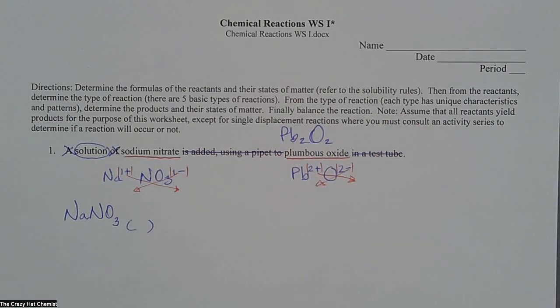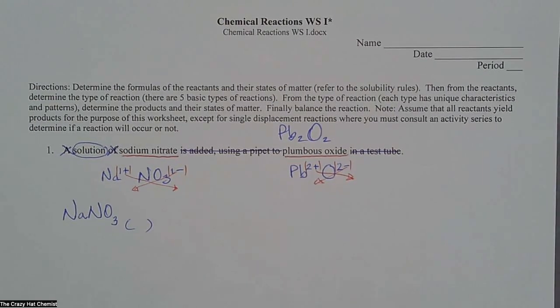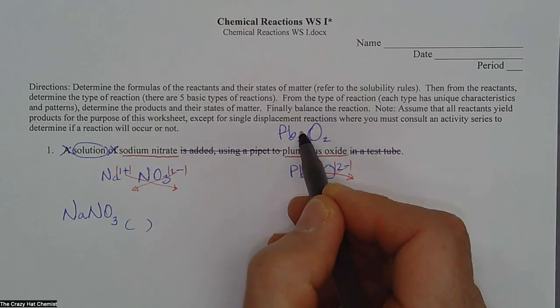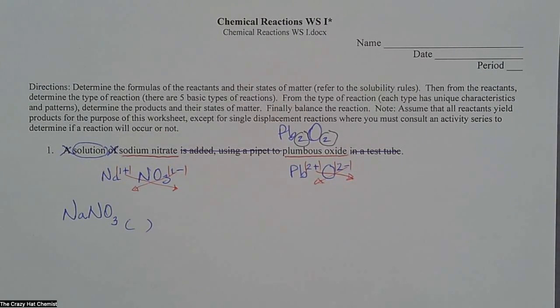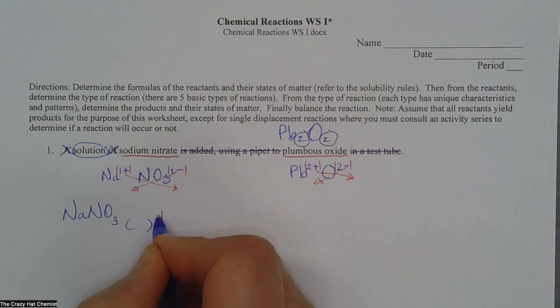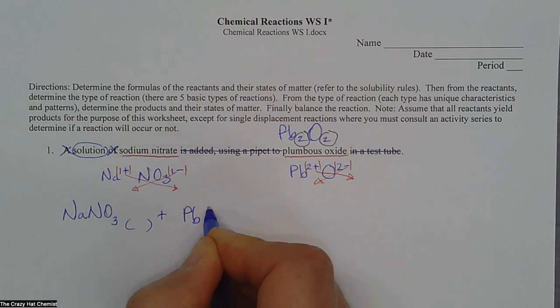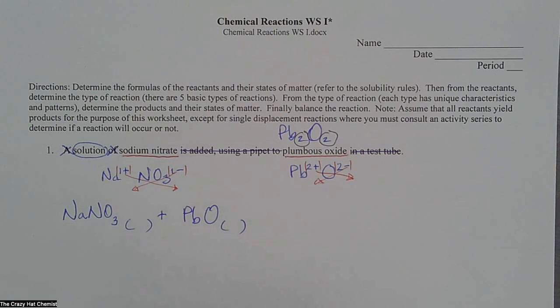And one of the rules here on writing formulas of chemical compounds is that you must use the lowest whole number ratio. So the lowest whole number ratio. So you can see that 2 goes into 2 one time, 2 goes into 2 one time. So this is going to be PbO. So it's going to be plus Pb and O. And I'm going to leave space there for the state of matter.